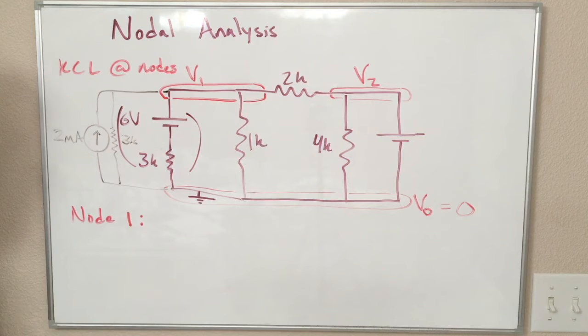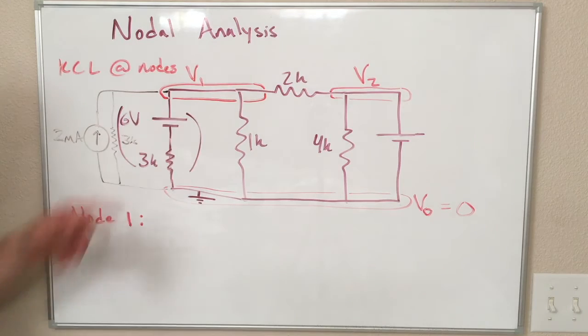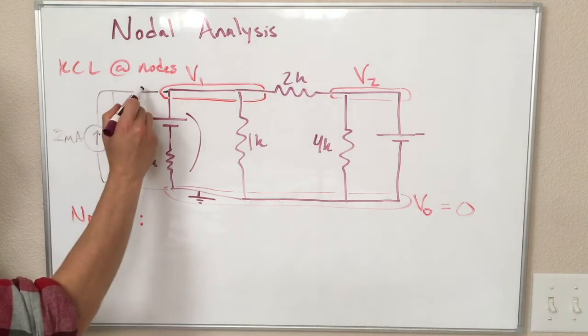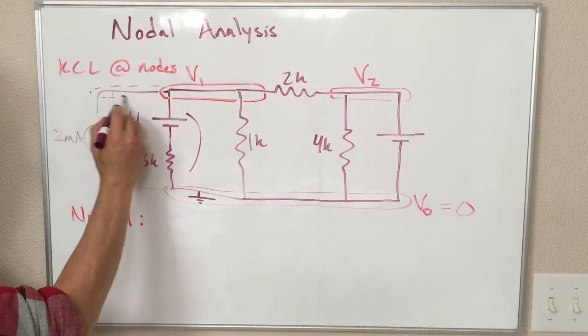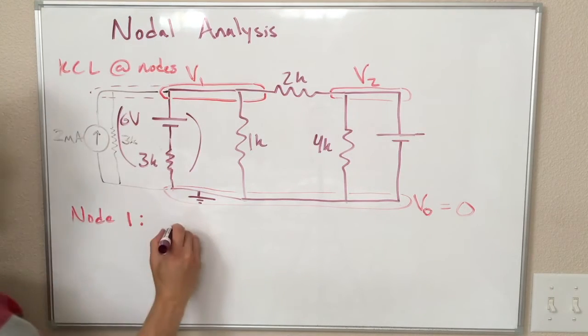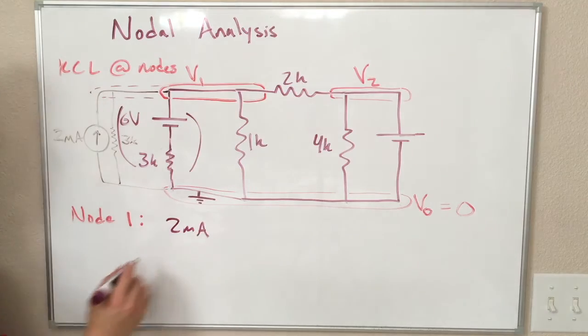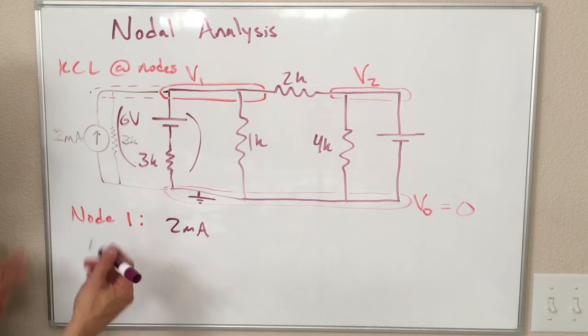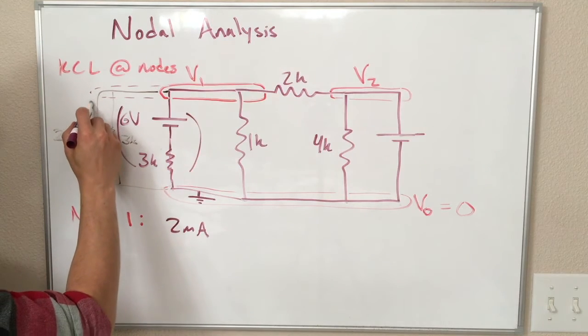All right, so now we have something to say about the currents flowing in to node 1. First we have 2 milliamps of current. I guess the node extends over here now. The current in is 2 milliamps. And just like other times, you can decide whether you want to make the currents going in or out.